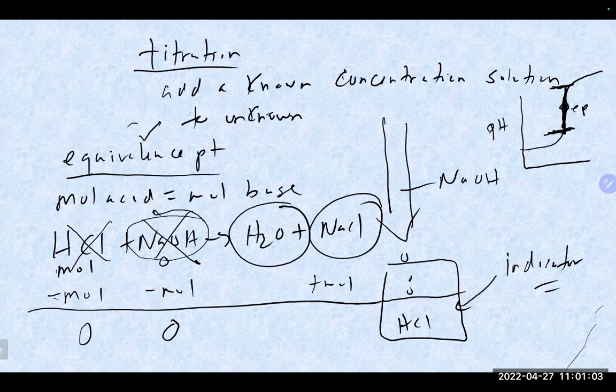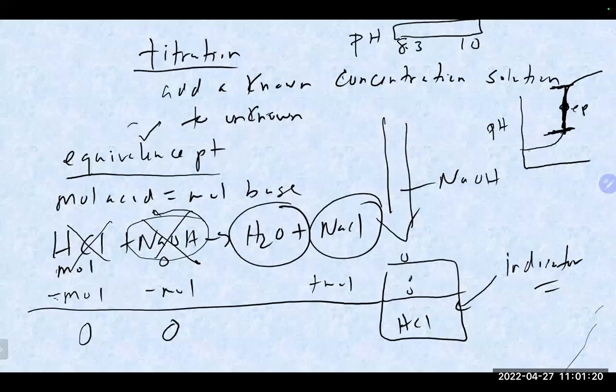You'll see it go from colorless to a really dark pink, because the indicator we're using, phenolphthalein, works on a pH range of 8.3 to about 10. Around 8.3 is colorless, and it gets much pinker as you go that way.